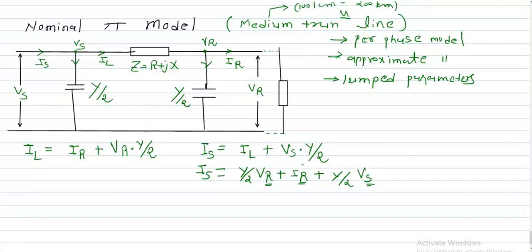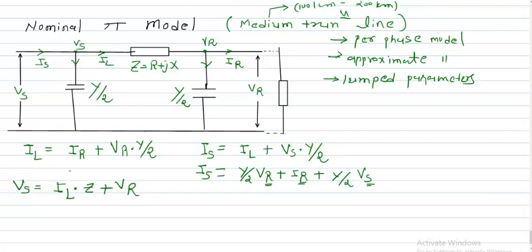Now what about the Vs? Here is the Vs. So this particular drop plus VR becomes Vs, right? So Vs is basically IL into Z plus VR. Now we already have the equation of IL, right?